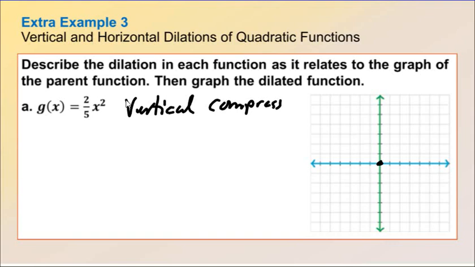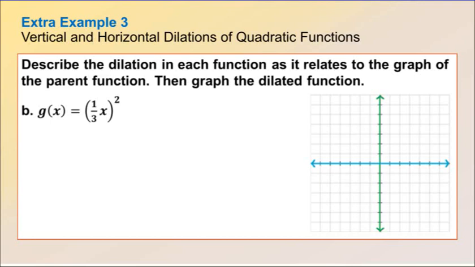If I put a 1 in for x, 1 squared is 1 times 2/5, which gives us 2/5. So 1 and 2/5 would be roughly here, and mirror that one. So it'd be roughly looking like here. It's a little bit wider, vertically pressing it downward.